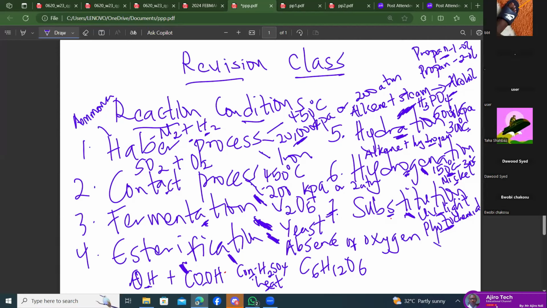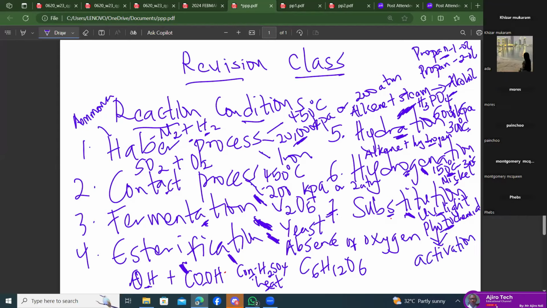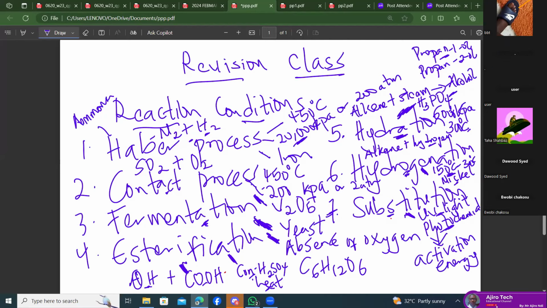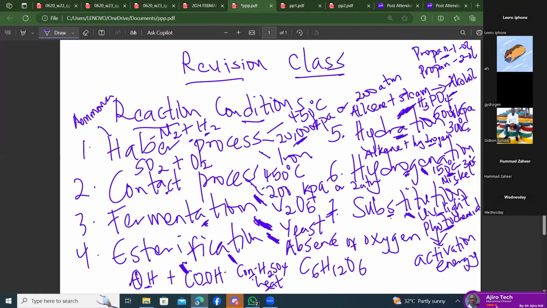And also note that the UV light supplies activation energy to the process. All right, so these are the basic reaction conditions that you need to know before going into an examination.